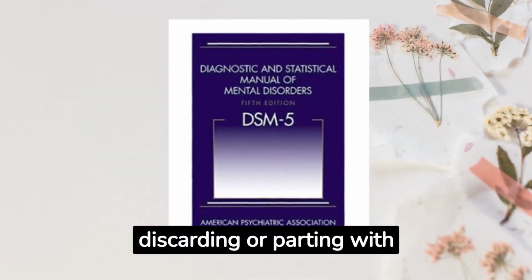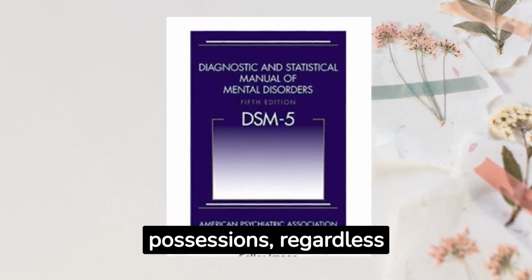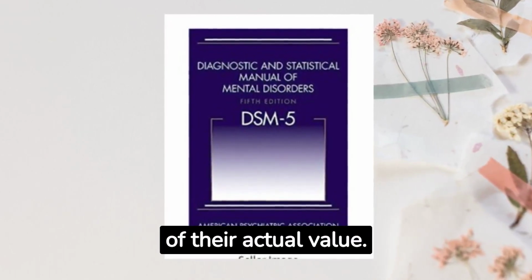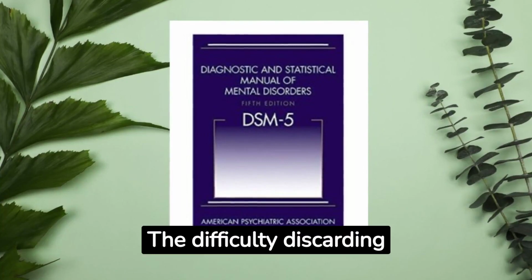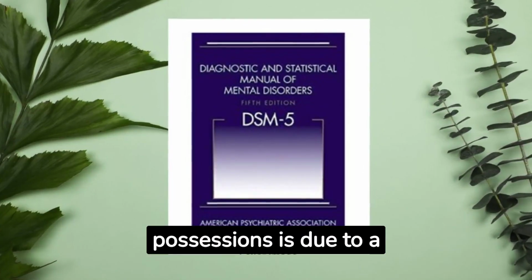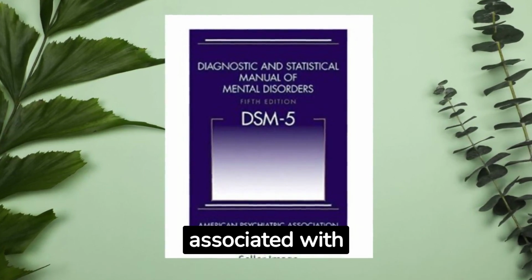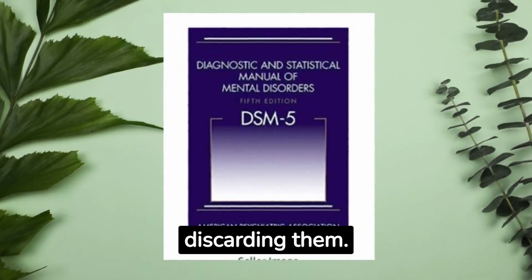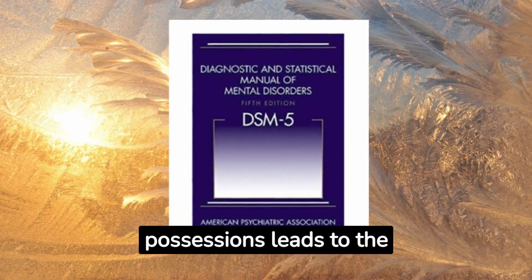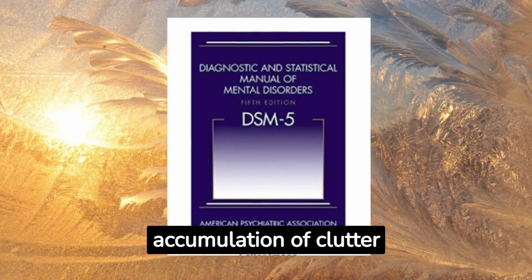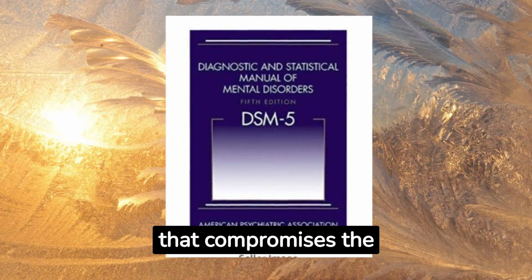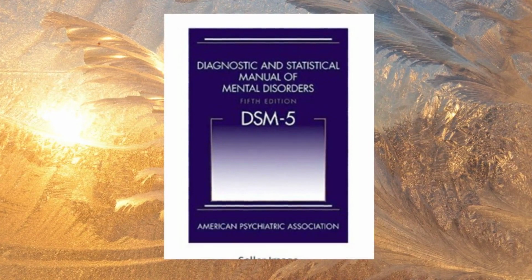Persistent difficulty discarding or parting with possessions, regardless of their actual value. The difficulty discarding possessions is due to a perceived need to save the items and distress associated with discarding them. The difficulty discarding possessions leads to the accumulation of clutter that compromises the intended use of living areas.